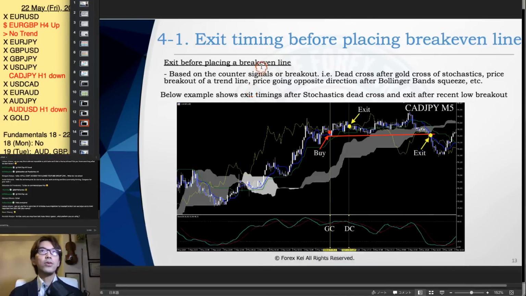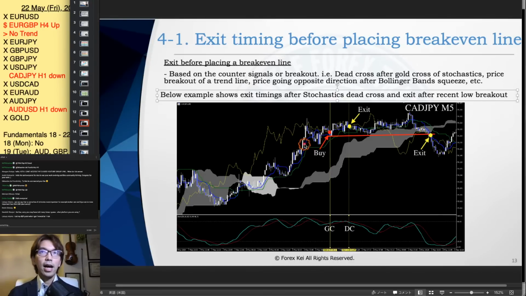And also exit timings too. I created 2 slides for exit timing, and one is exit timing before placing the break-even. Oftentimes price comes against you right after you take a buy or sell. It happens to me, and it happens to anybody. So we have to have 2 kinds of strategies in terms of exit timing.